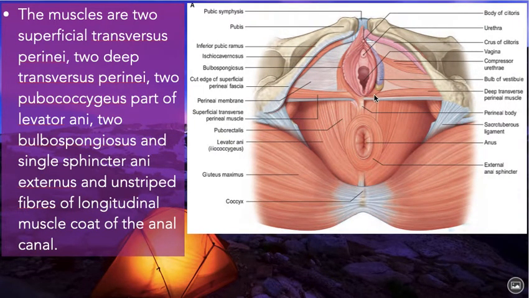The muscles are the two transverse superficial perineae, two transverse deep perineae, two pubococcygeus parts of the levator ani, two bulbospongiosus, a single sphincter ani externus, and unstriped fibers of the longitudinal muscle coat of the anal canal.